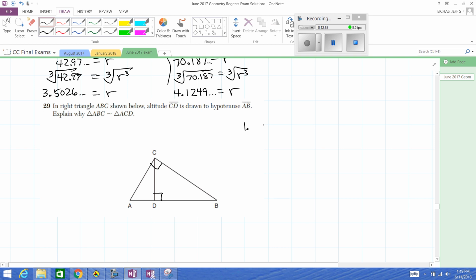First point is angle ACB. Now this is not a full-on proof, it just says explain, so I don't have to use quite as many steps. So angle ACB and angle ADC are right angles.